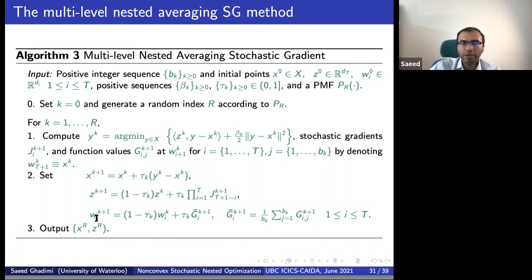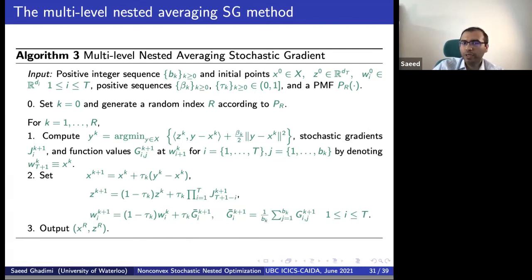So here we have W1 through WT to estimate the inner function values. In the NASA for the two-level case, this was just G, but here, as you can see, it is G bar. So we need to take a batch of samples to reduce the noise associated with estimating the inner function values.